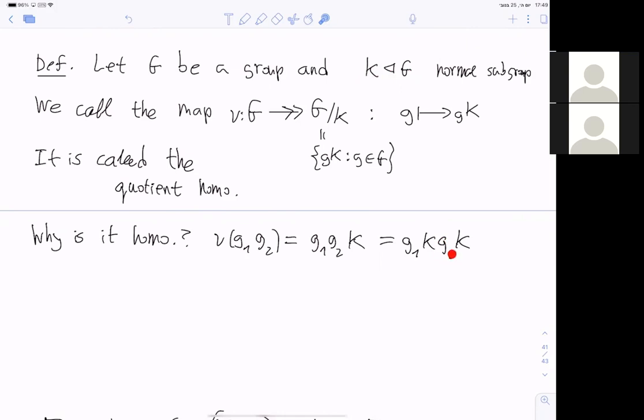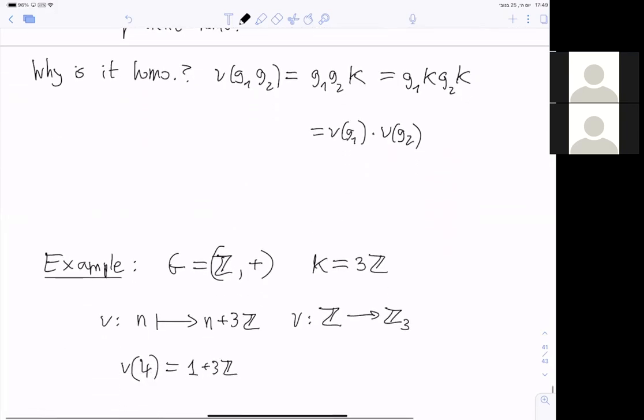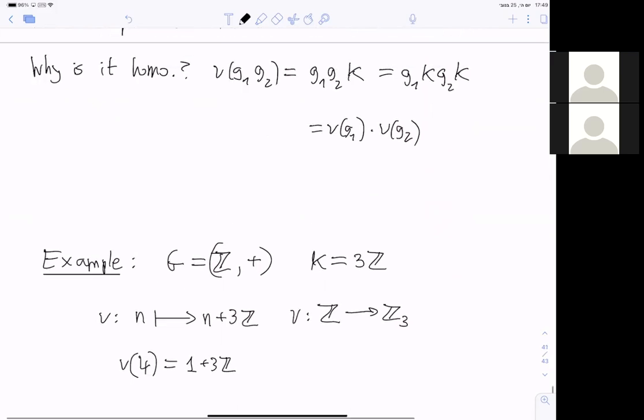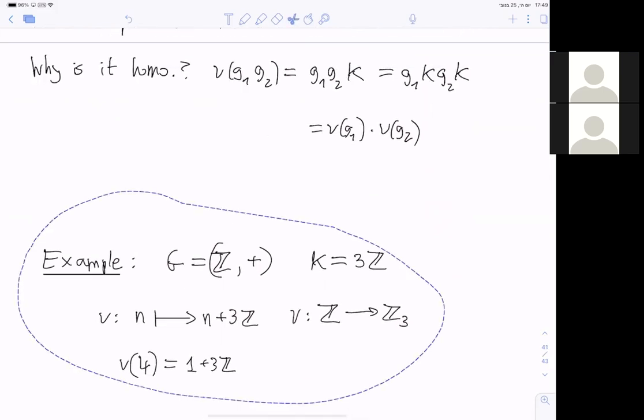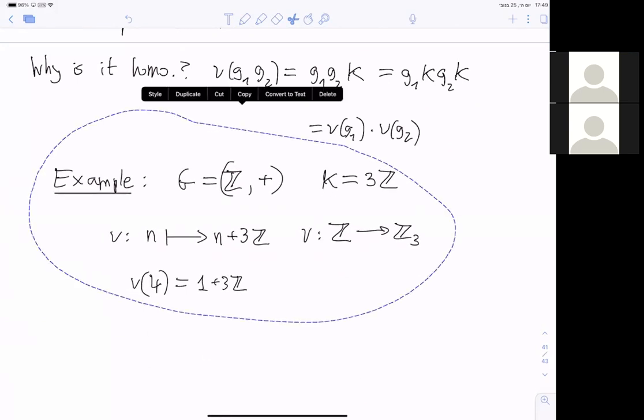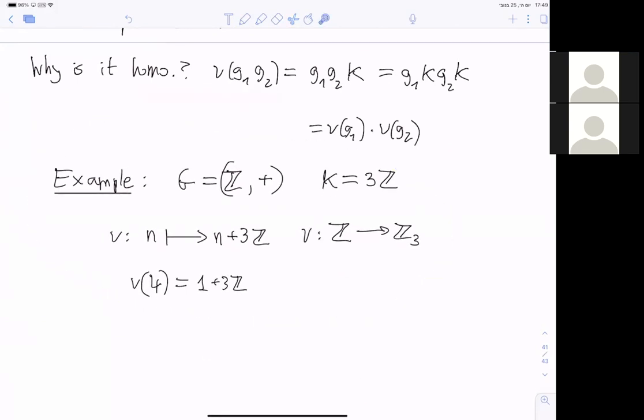So K G2 is like G2 K. Okay, so this is the homomorphism. Of course, in the abelian case, any subgroup is normal. We're going to see examples as time permits.